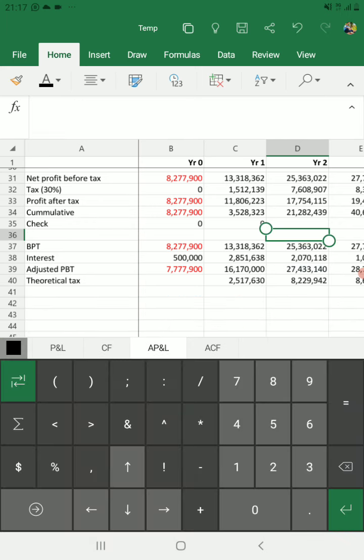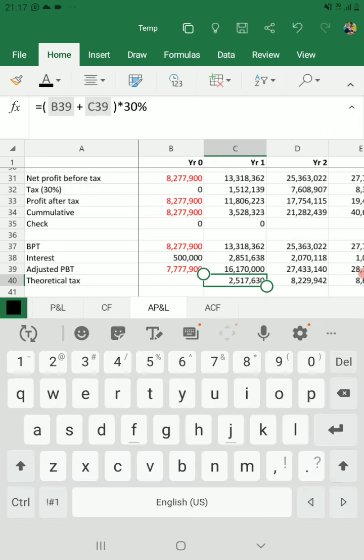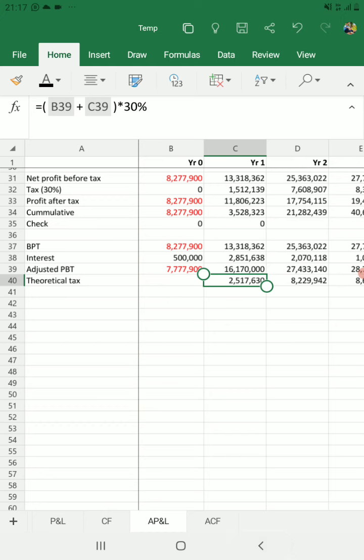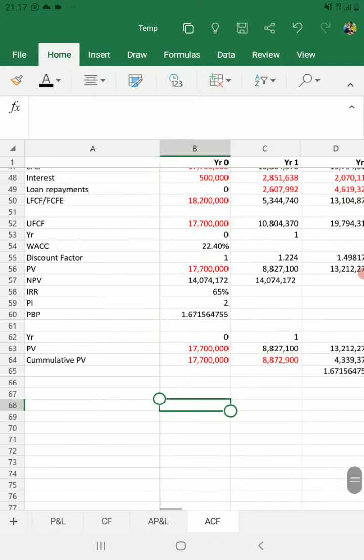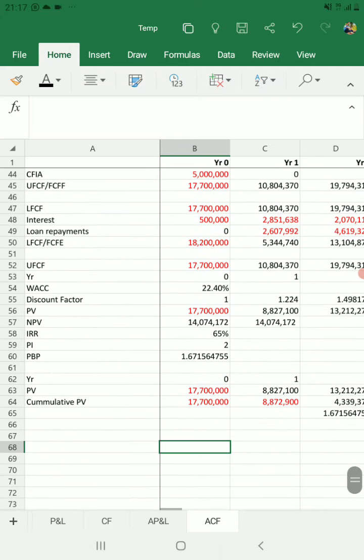We don't need to put a formula here. Of course, you now know how to develop that, to put the formula that will automate the process, but manually here is still correct. So after we are now satisfied that all the computations are correct, let us go back to our annual cash flow and see the valuation. Yeah, they are still plausible.